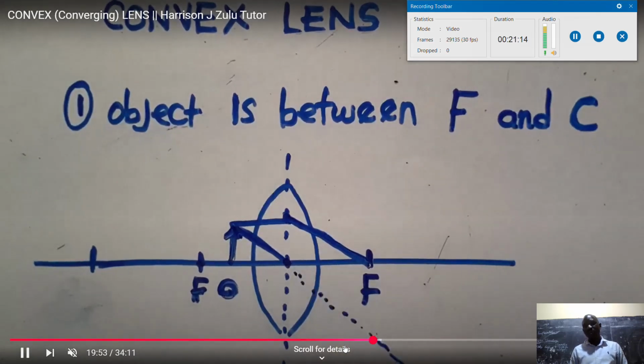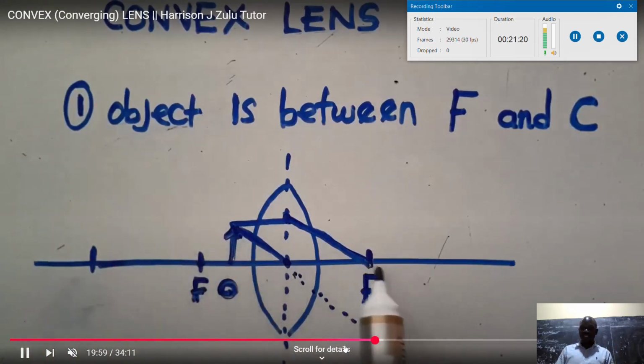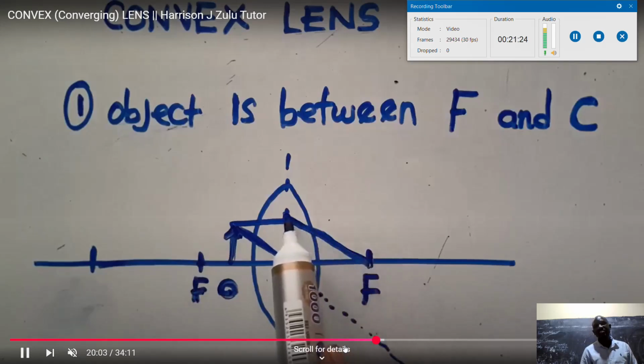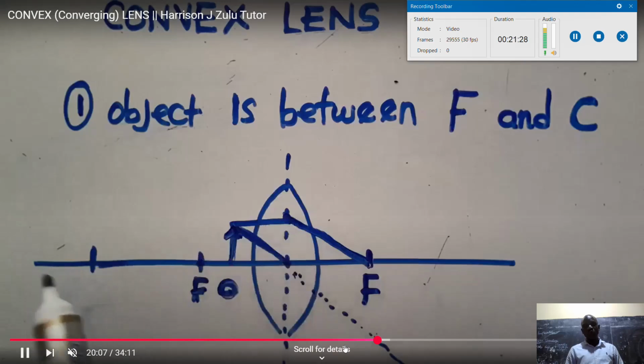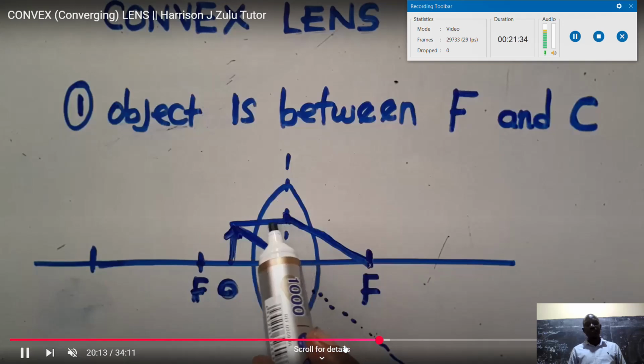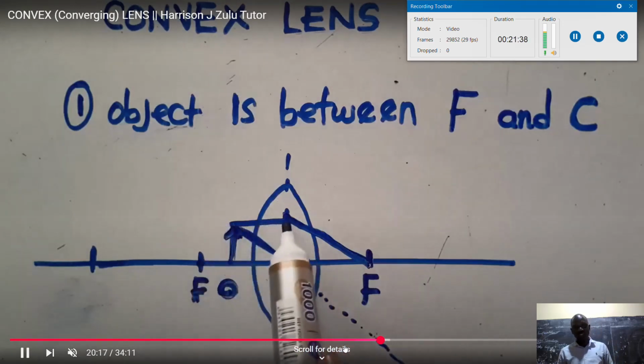Rule number 3, which says a ray from an object passing through center C, the optical center, is undeviated. And our rule number 1, which was a ray parallel from the object to the principal axis, is refracted through the principal focus.